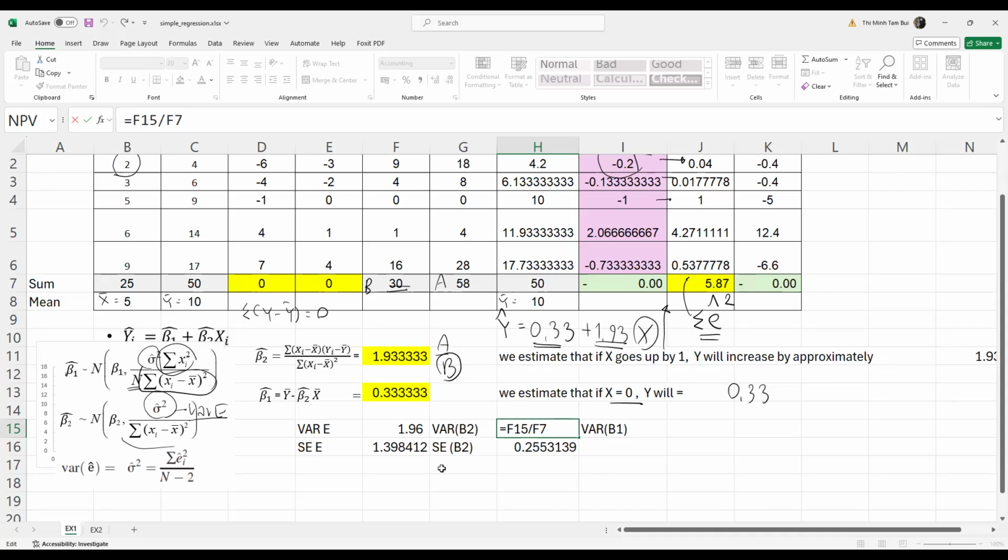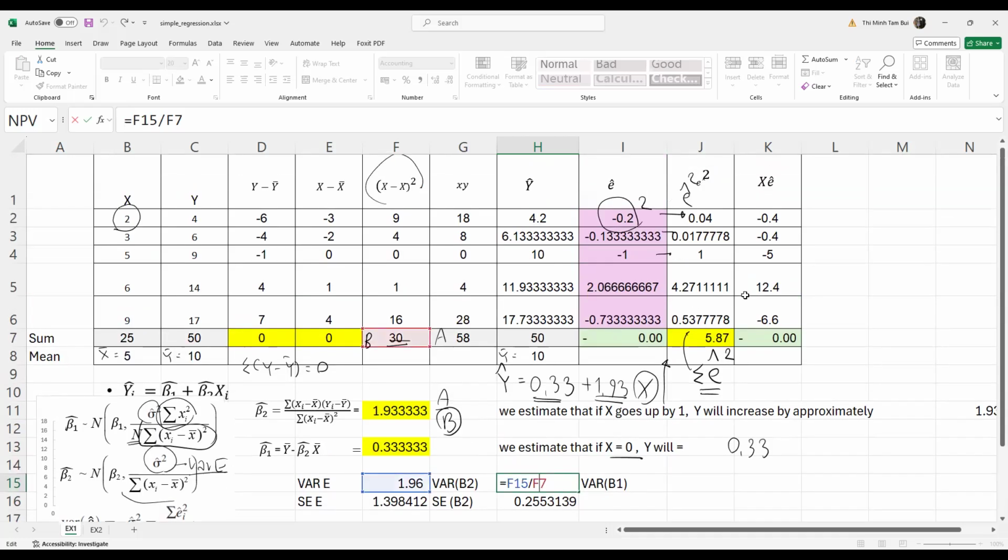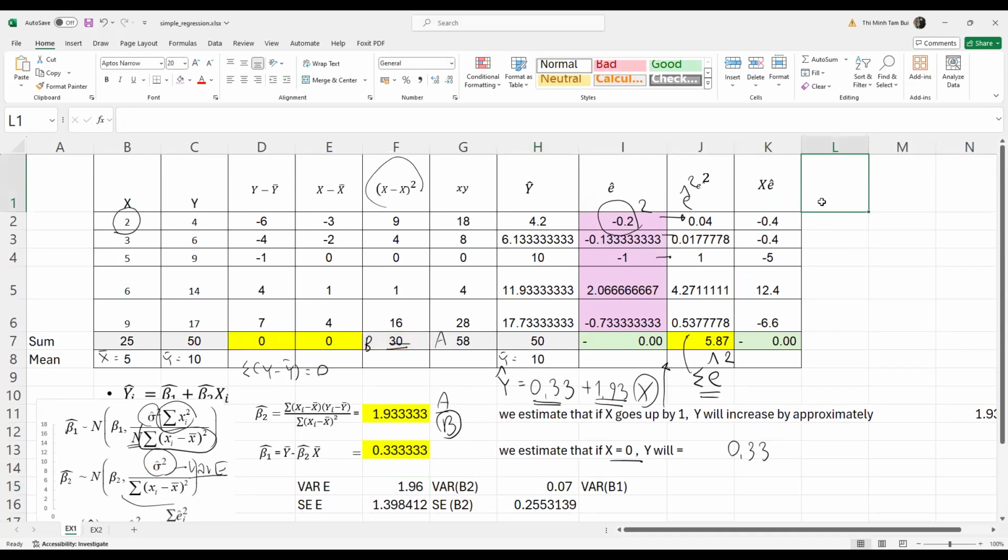So to do it, you have to create a new column called x squared, equal x square.